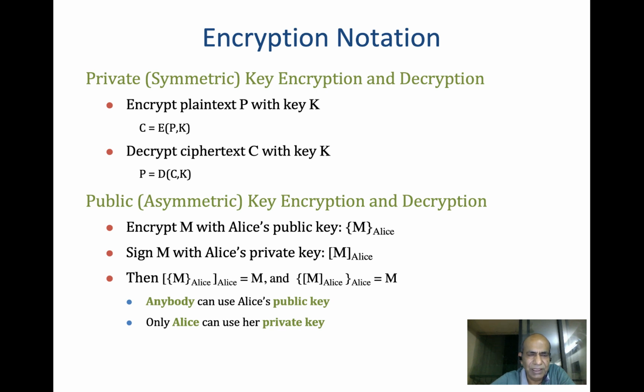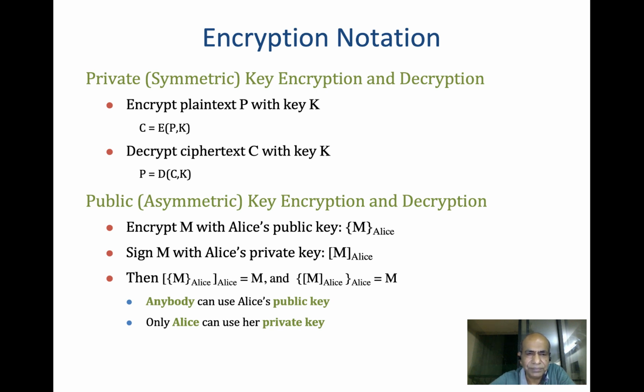She also generates one public key corresponding to her private key. That she shares with everybody else, and everybody else can use that key to decrypt the message that she has signed, or encrypted, with her private key.